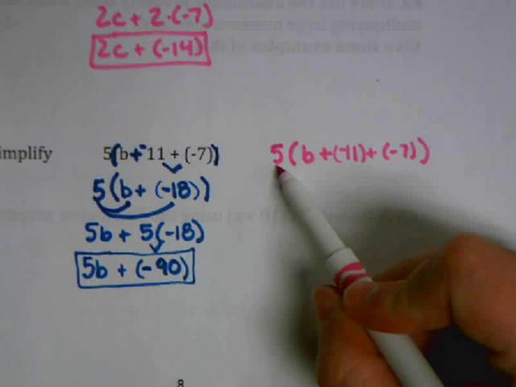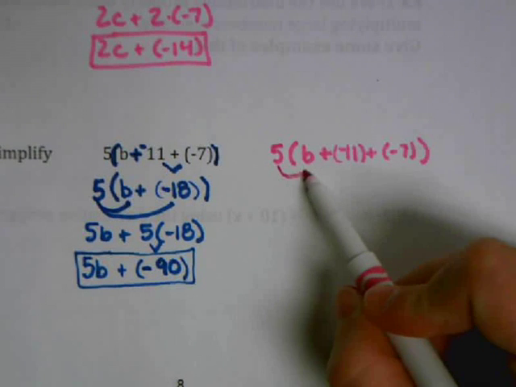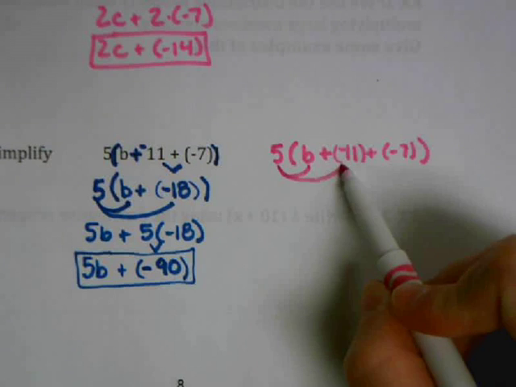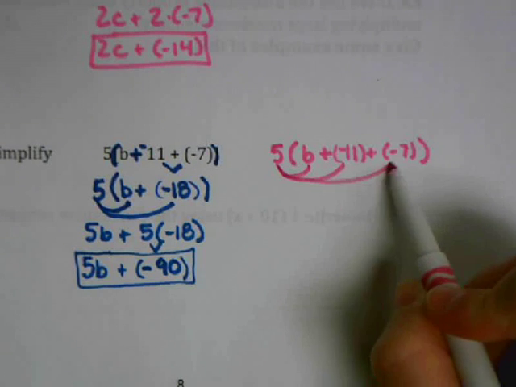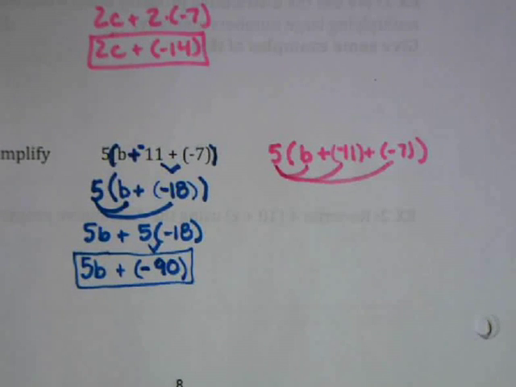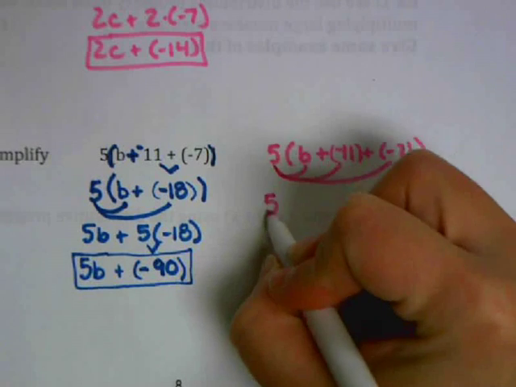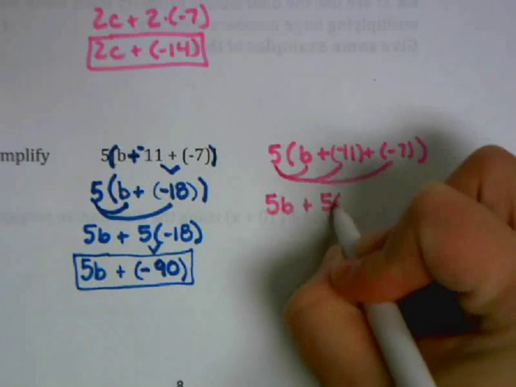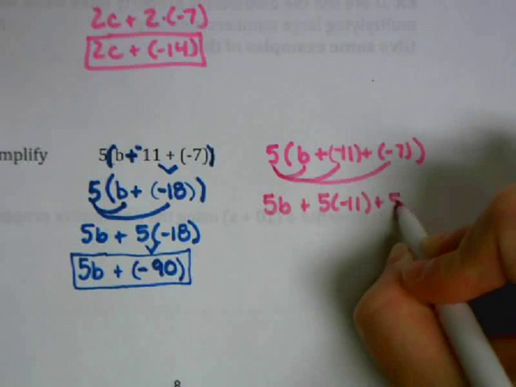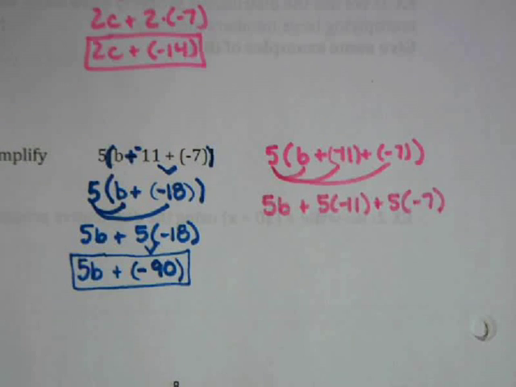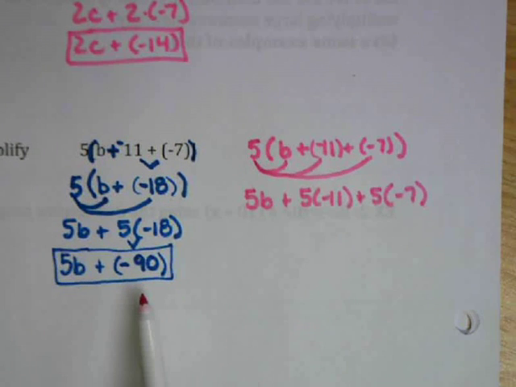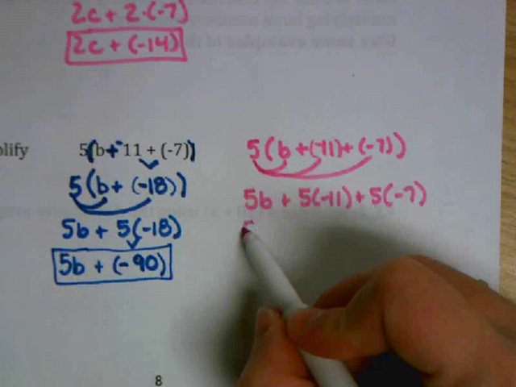You just take that 5 on the outside and you multiply it by everything. 5 times b plus 5 times negative 11 plus 5 times negative 7, and you do 3 different times. So you'd write it like this. 5 times b plus 5 times negative 11 plus 5 times negative 7. And that's going to end up giving us the exact same answer as down here. Can we finish it and see?